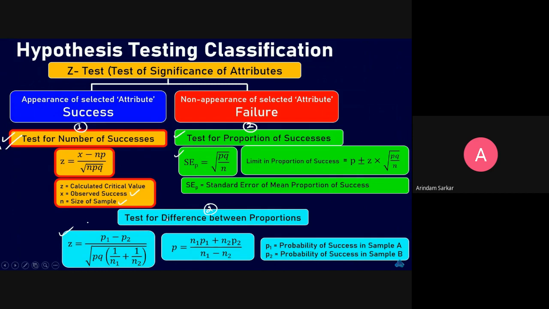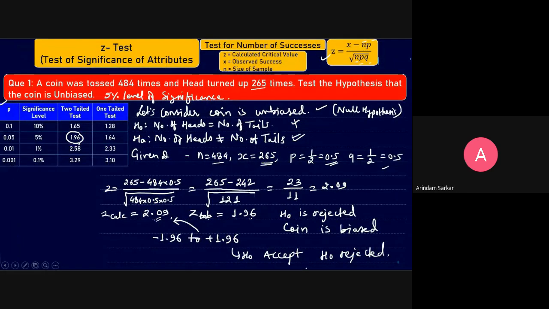And the third one is the test for difference between proportions. There are 3 different tests under the Z test. For the last 2 tests, you need 2 samples. But for the first one, you need 1 sample. So right now I'm giving you the example of the first one.